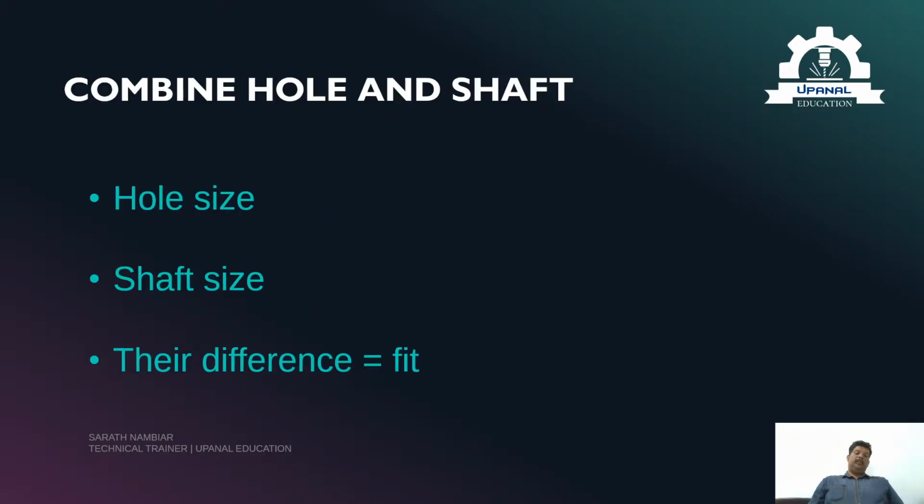Now, we combine the two elements, the hole and the shaft. Each one has its own tolerance. The difference between the hole size and the shaft size decides the type of fit. For example, we have a hole of 10.05 mm and a shaft of 10.00 mm. There is a gap of 0.05 mm. So the shaft is smaller, the hole is bigger.